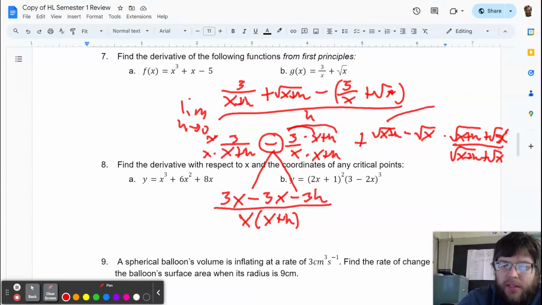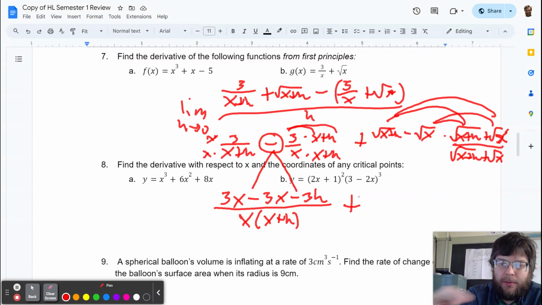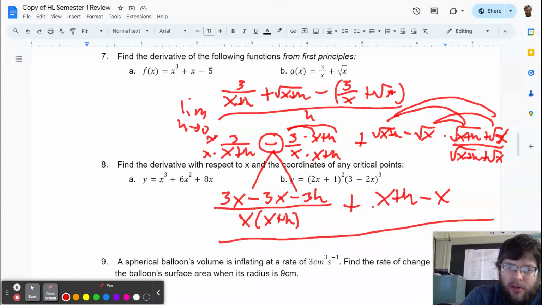And the reason you do that is because if you FOIL it out, you'll end up just canceling the square roots, and the negative root x times root x plus h cancels with the positive root x times root x plus h. So you end up with x plus h minus x, all of this over the new denominator.